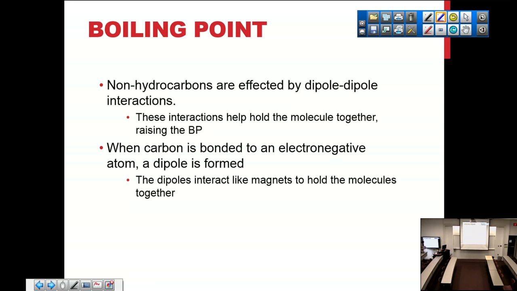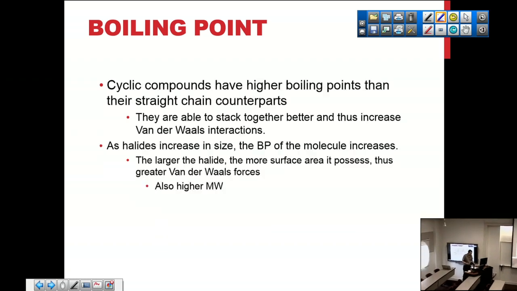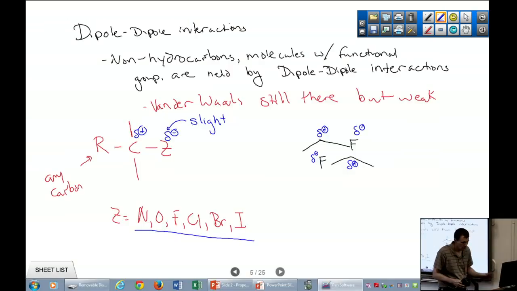So, non-hydrocarbons are affected by dipole-dipole interactions. These dipole-dipole interactions have a greater impact on the boiling point than van der Waals forces. Right? Alright, so the van der Waals forces are still there, but they're comparatively weak.